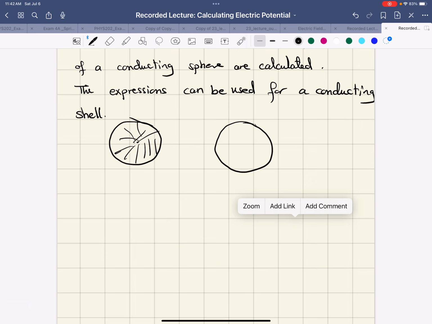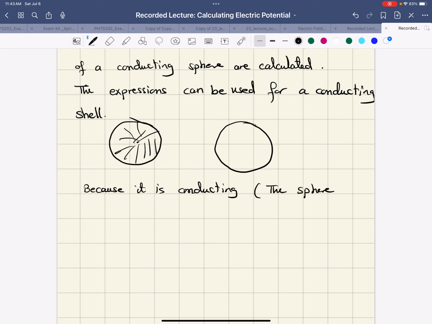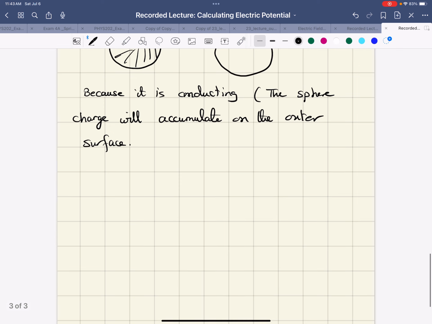And the reason is that, because it is conducting, the charge will accumulate on the outer surface. Then it's going to be similar to the shell. No charge will be inside the sphere.